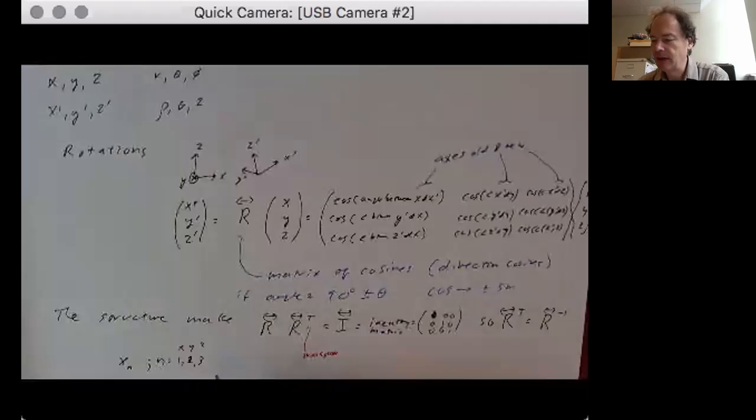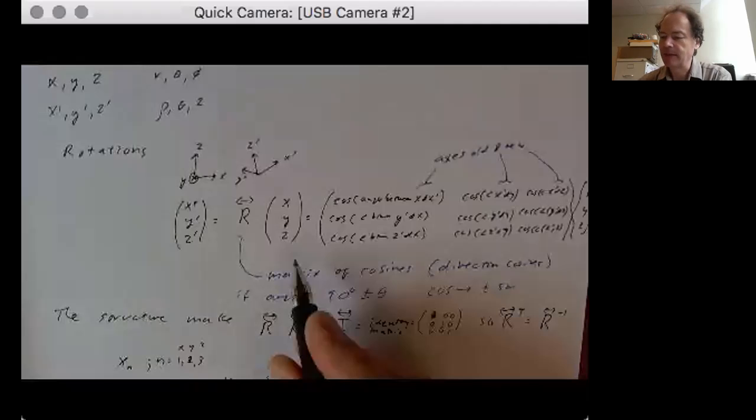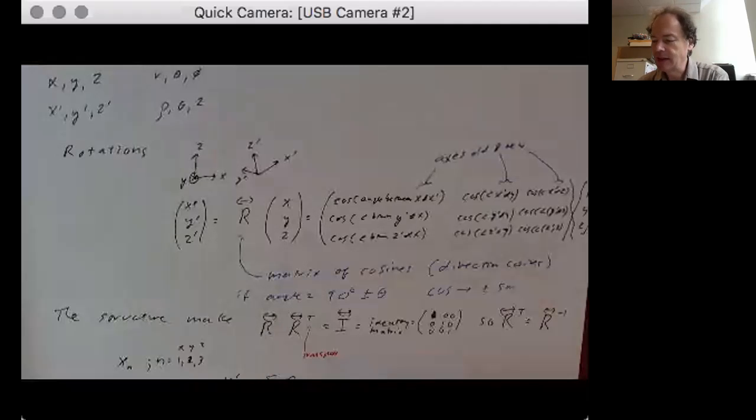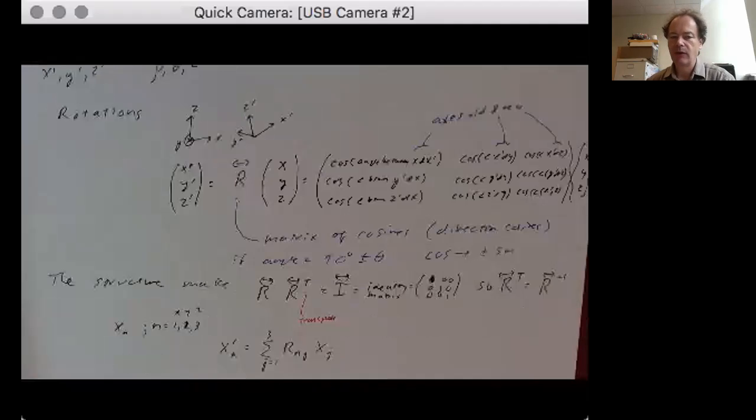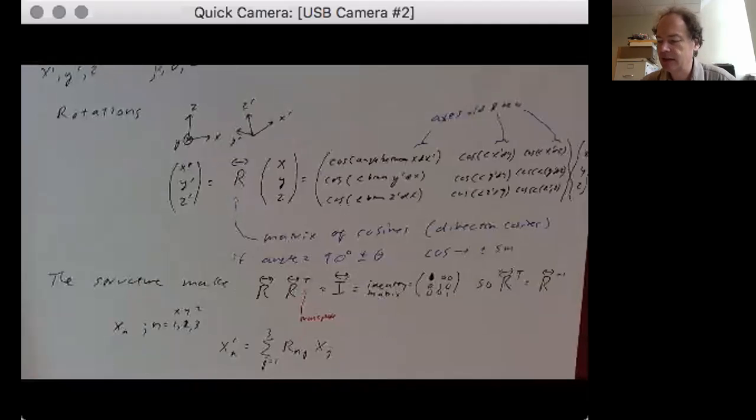And if you think of it that way, you can write down that x sub n, in this case the primed one, is equal to the sum of R sub n j times x j, where the sum is j equals 1 to 3. And so that is a way of writing this in terms of simple coordinates.